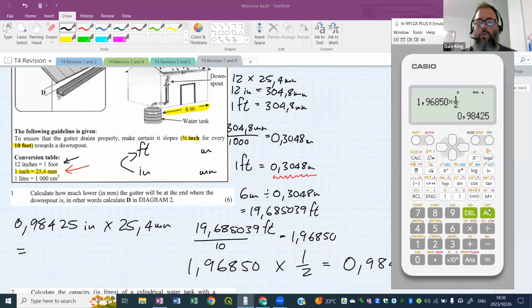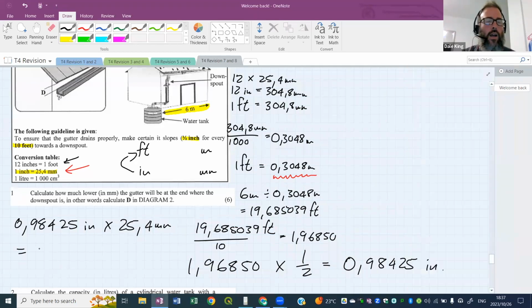It'll give me close to 25.4, won't it? It's almost 1. 24.9999999 millimeters, which is roughly 25 millimeters.